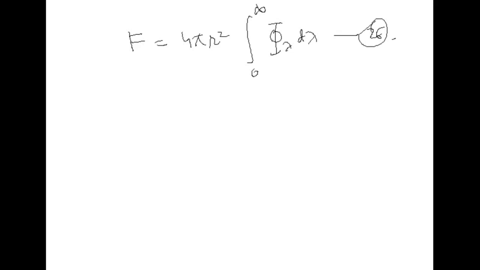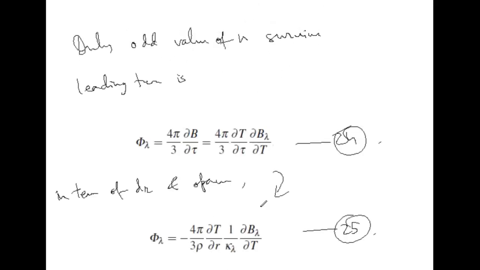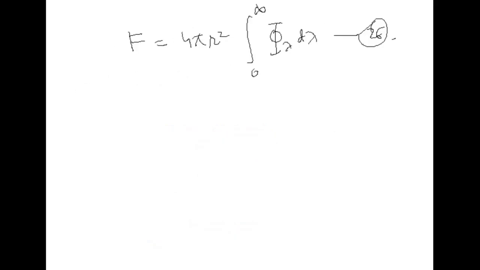Now, this 4 pi r square comes from the integration over the spherical surface of radius r. The precise value of F depends on the knowledge of the opacity as a function of lambda, right? But we can sidestep this issue by introducing a quantity called Rosseland mean opacity.